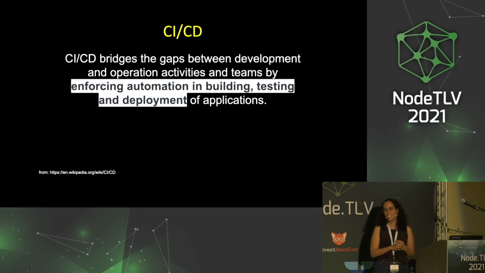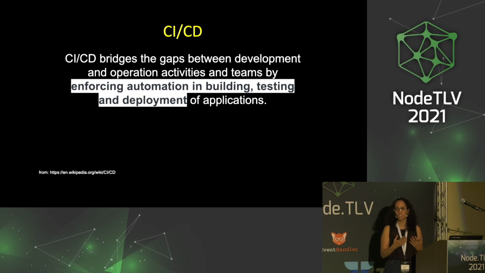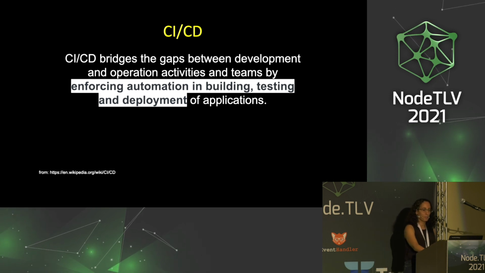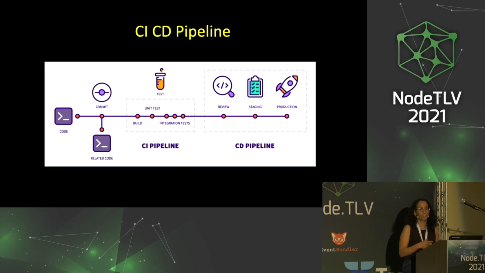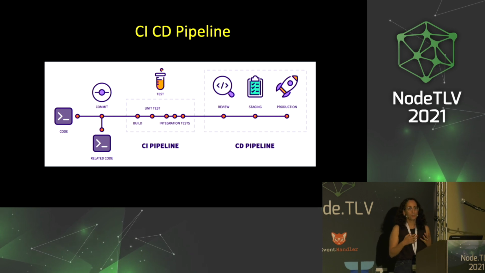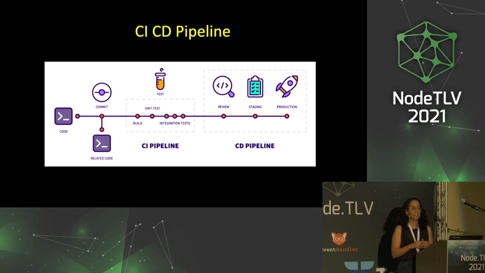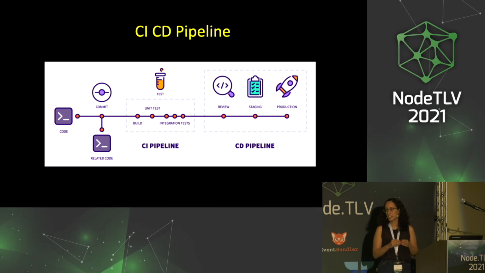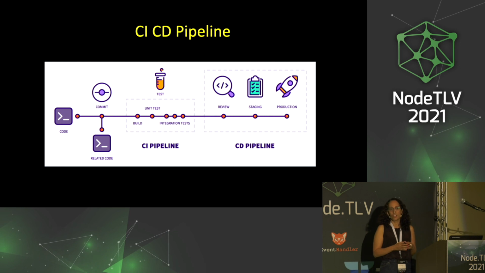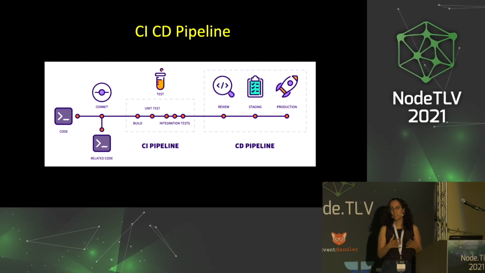So for that, we need some kind of tooling. We need a CI server or a build server, and this pipeline, usually what you know as a CI/CD pipeline. Every commit triggers the CI part, which is actually the build, unit tests, end-to-end tests, integration tests. This can also run before you actually merge the code.